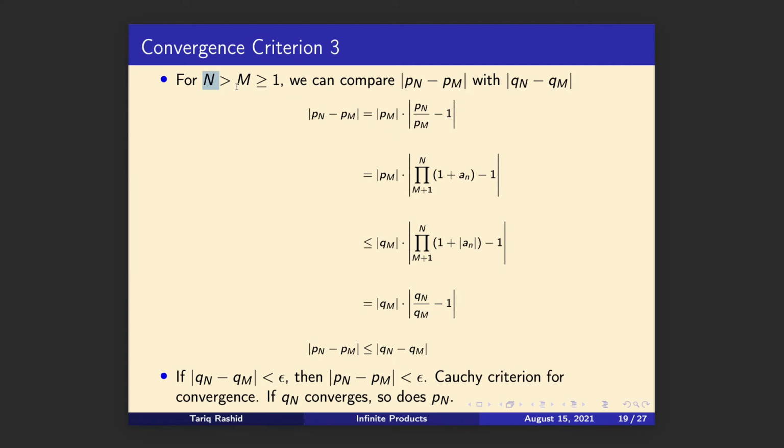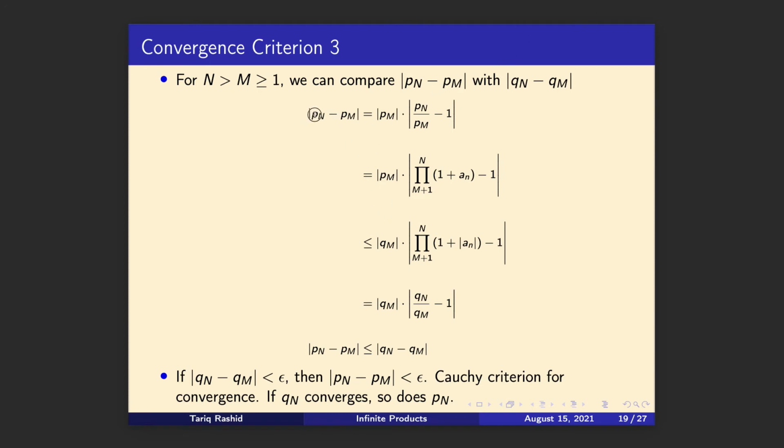For n greater than m, which is greater than 1, we want to compare the difference of the partial products. So the magnitude of Pn minus Pm, with the magnitude of Qn minus Qm. You might have spotted, if you already know, that this is the Cauchy approach to working out whether a sequence converges or not. But if you don't know, that's fine. We're just going to follow the logic.